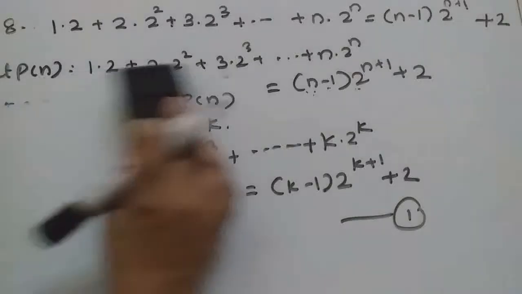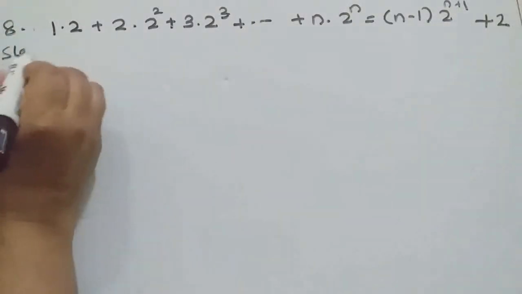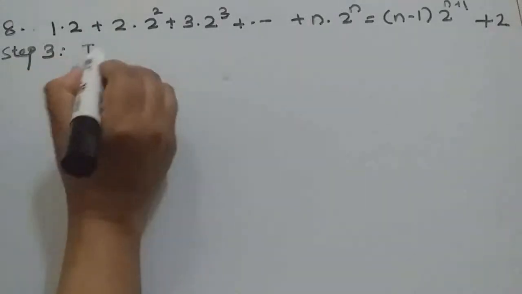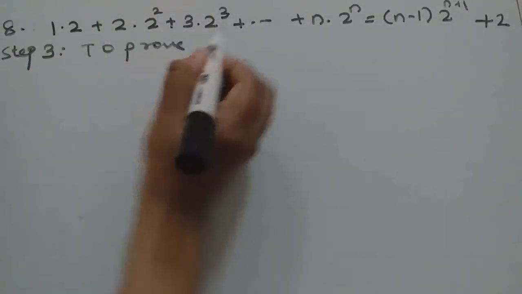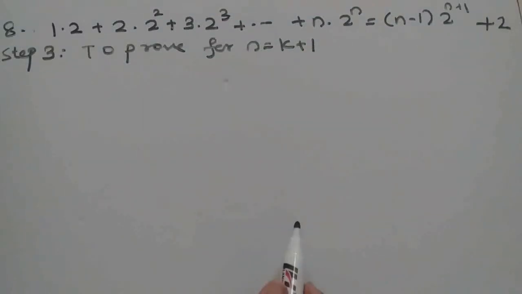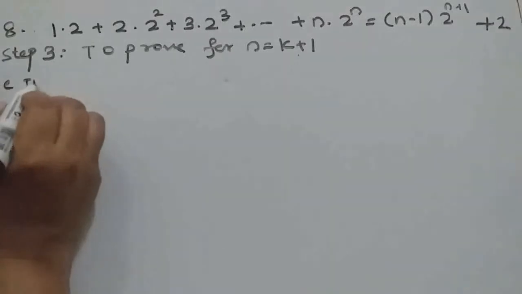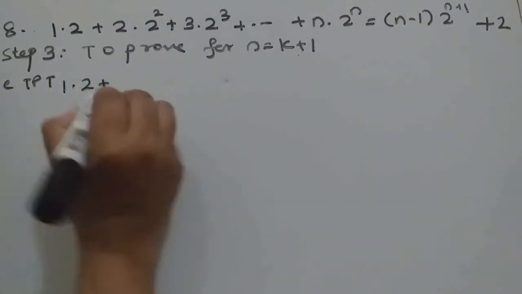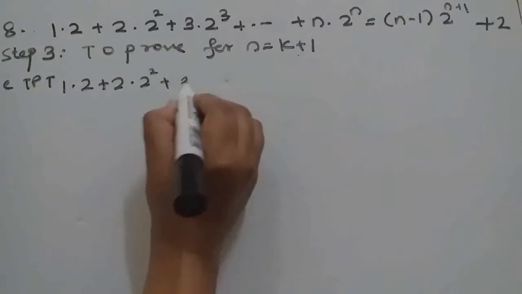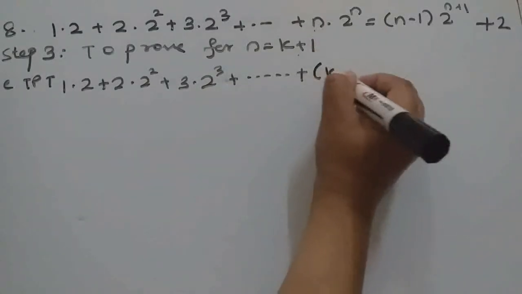Now step 3. To prove for n equal to k plus 1. So n equal to k plus 1, that is what we should prove here. See, n value is k plus 1 now.